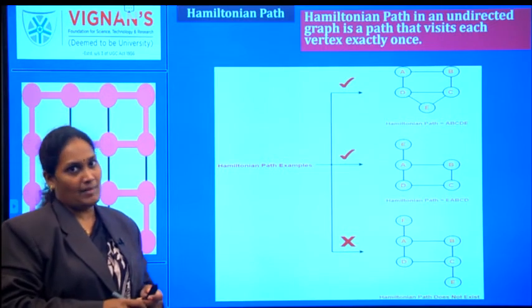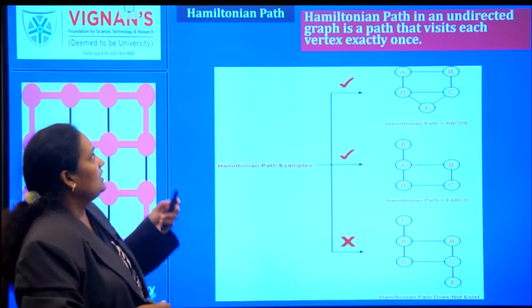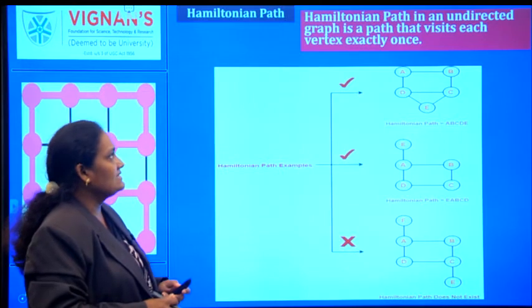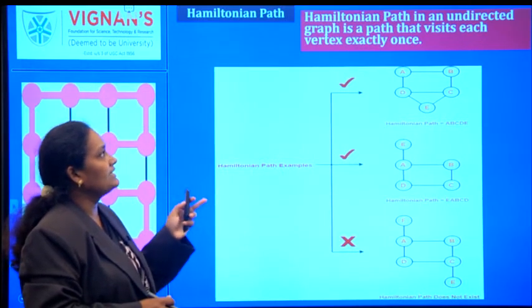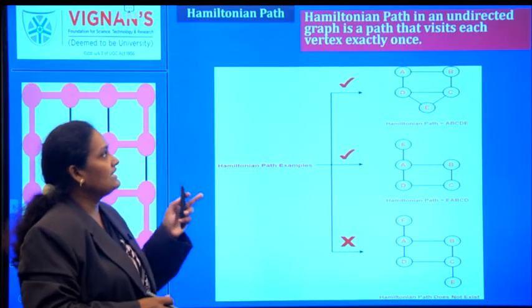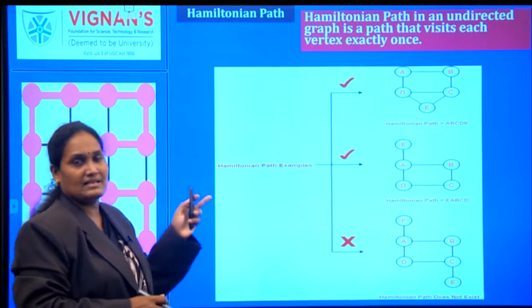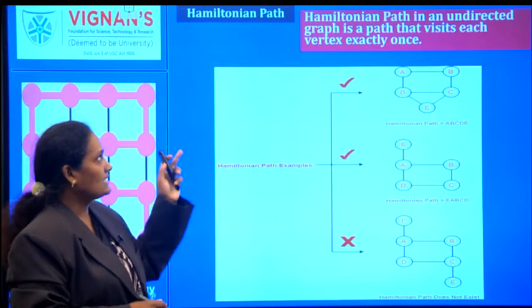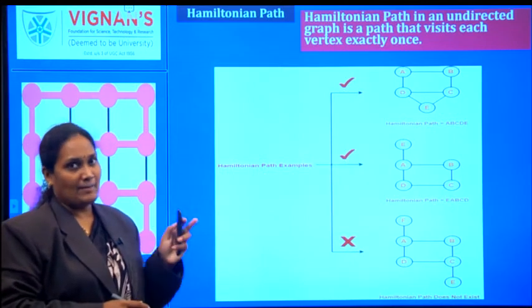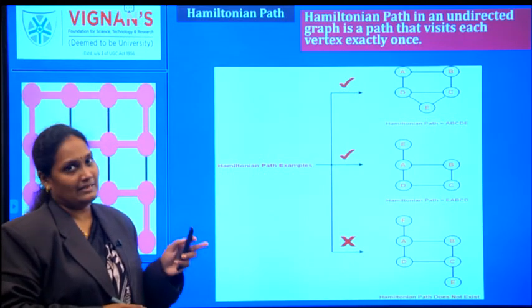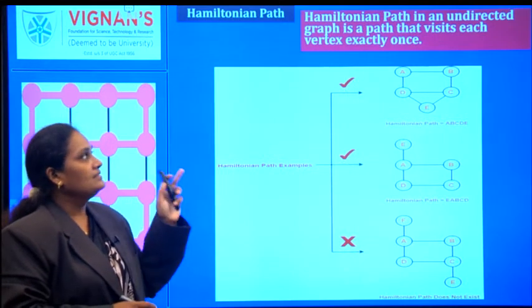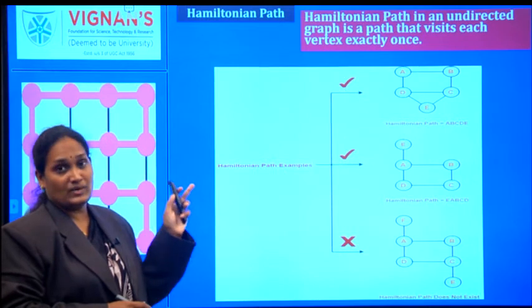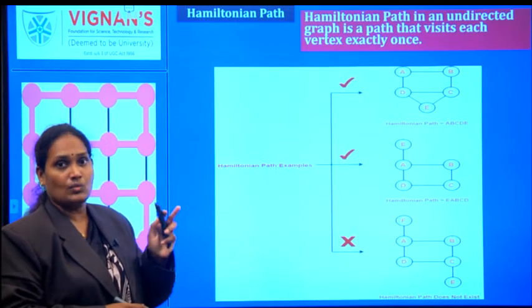What is a Hamiltonian path? A Hamiltonian path in an undirected graph is a path that visits each vertex exactly once.